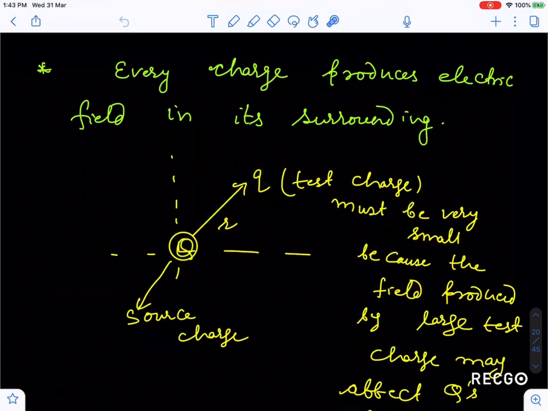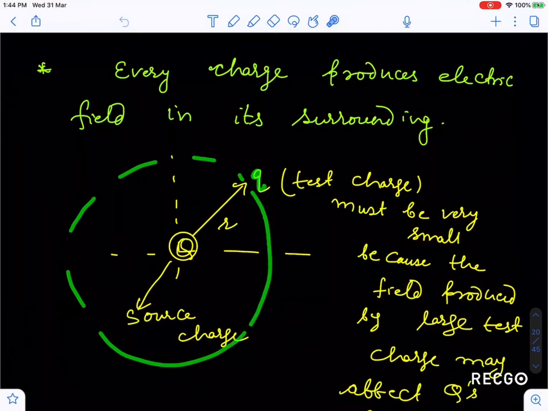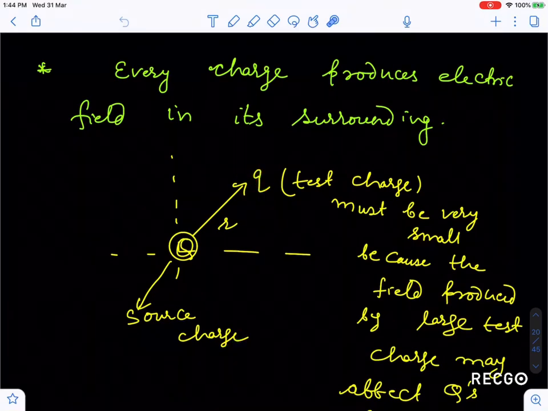Usually we can also find, by putting a +1 coulomb charge, how much force this +1 coulomb charge experiences, that is the field of this charge Q, which I will discuss later. So I have kept a test charge q in the surrounding of this charge Q. How much force this charge q will experience, we can calculate simply.